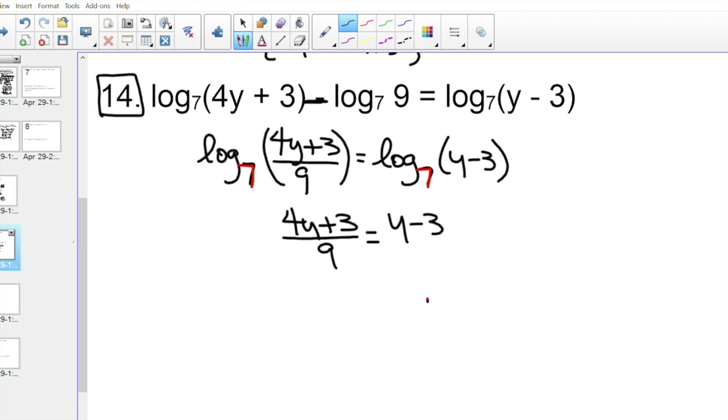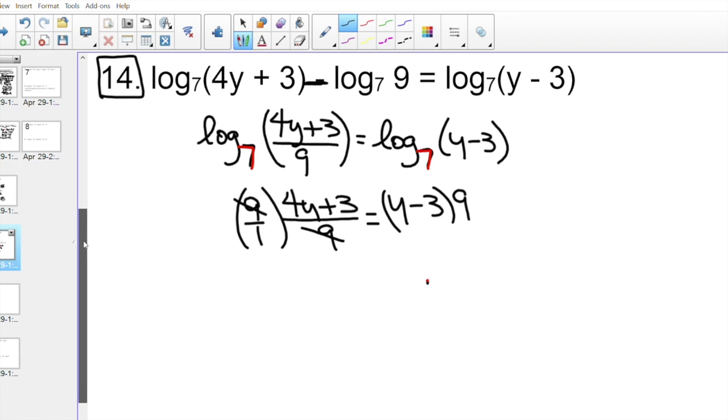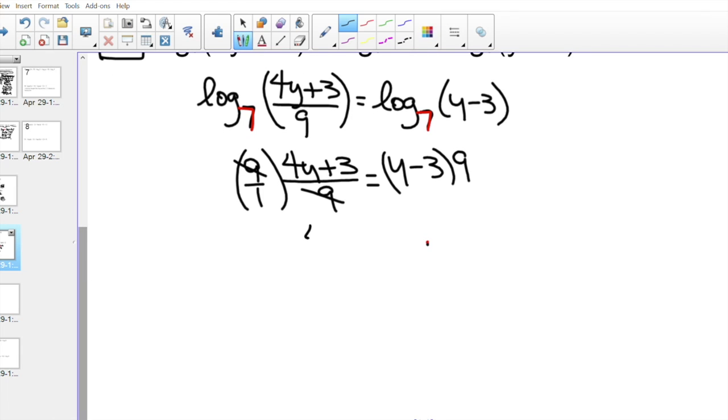Now people, I'd like to show it like this. We need to get rid of this 9 on the bottom. So what we'll do is multiply both sides by 9. That will cancel out. And of course, what you do to one side, you do to the other. And that way we won't have to worry about trying to solve a fraction.